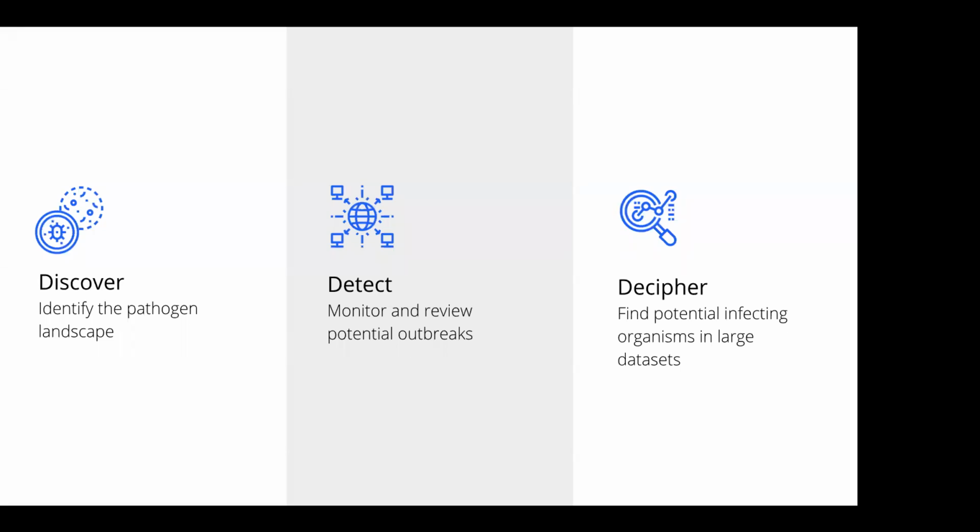This is more on the surveillance side in a particular region or worldwide. And then decipher is this medical mystery case that we'll see later on within the tool, actually, that is used to find potential infecting organisms in these large data sets.